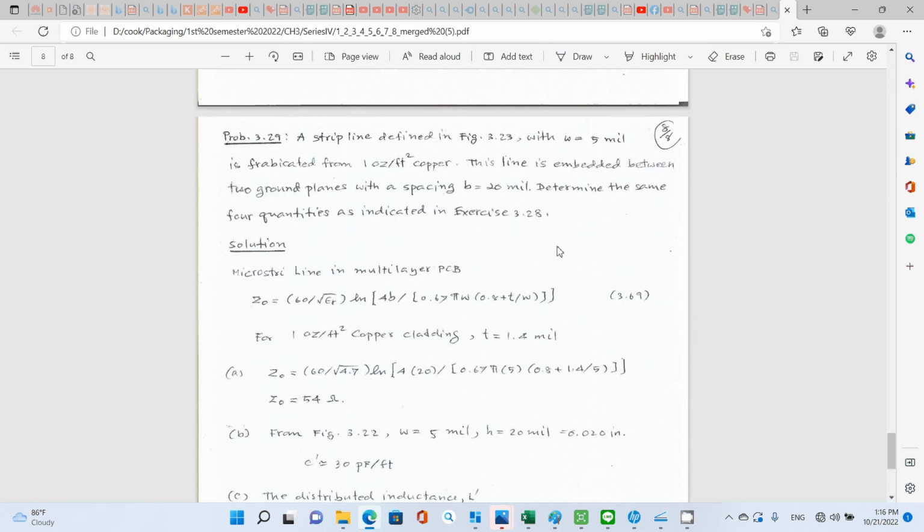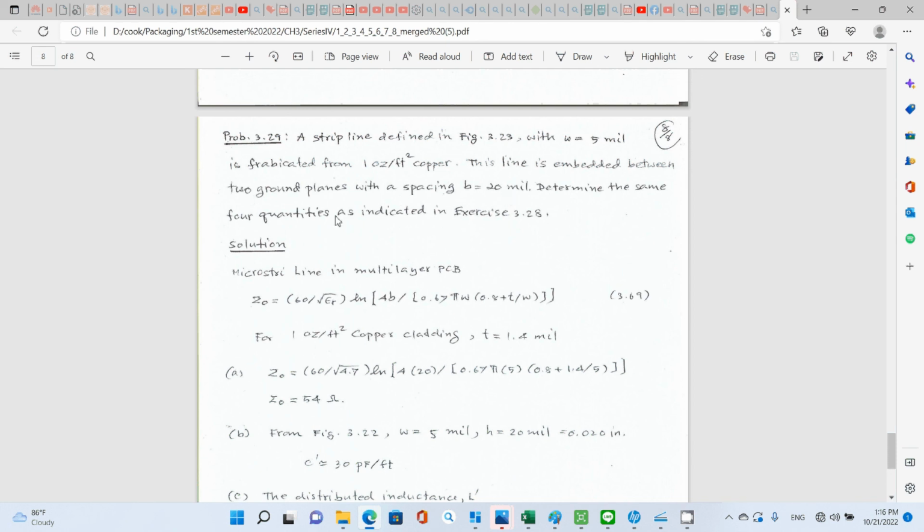Problem 3.29. A strip line depicted in figure 3.23 with W equal to 5 mil is fabricated from 1 ounce per feet square copper. This line is embedded between two ground planes with a spacing B equal to 20 mil.